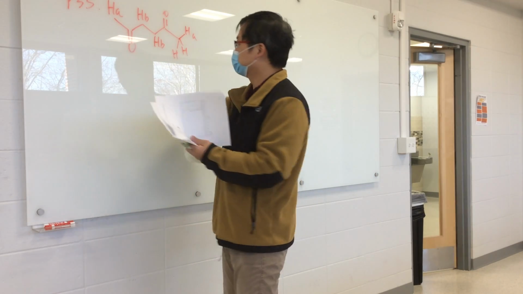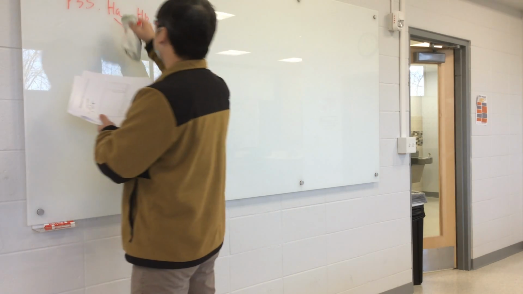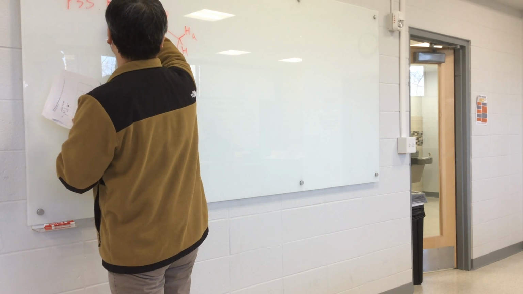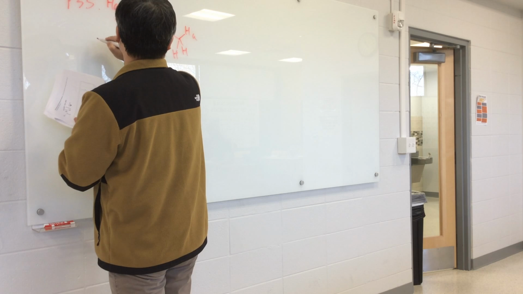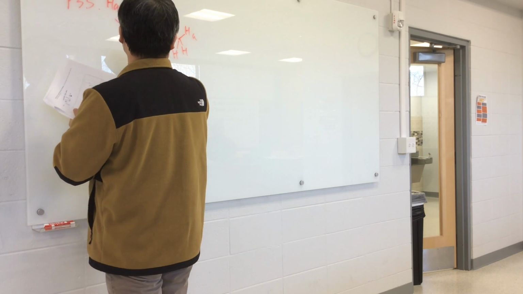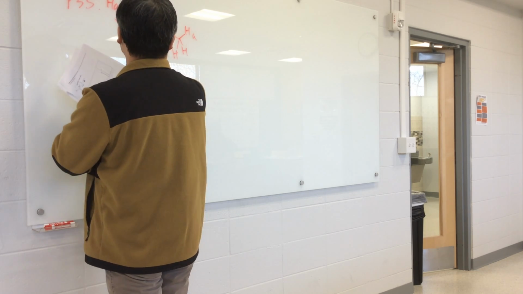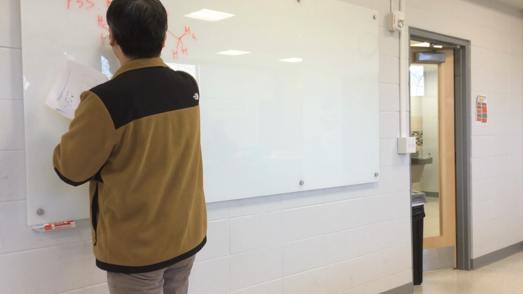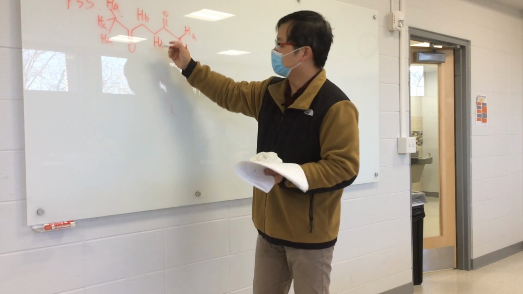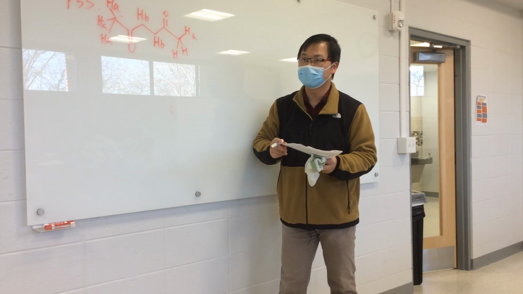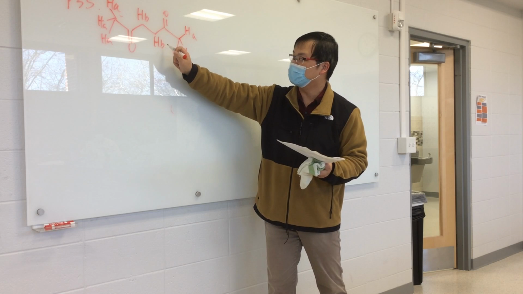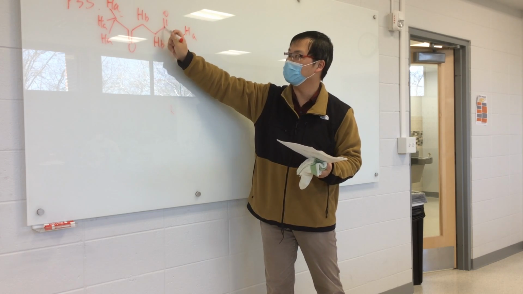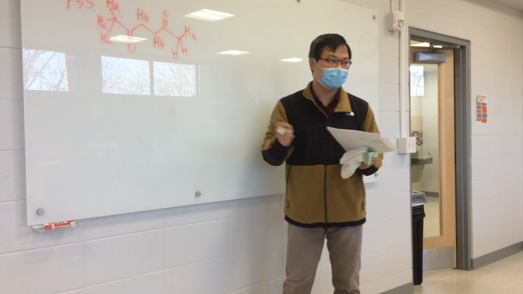Okay, and there are 2 hydrogen B. So you see, they are both 1 bond away from this carbon-carbon double bond.